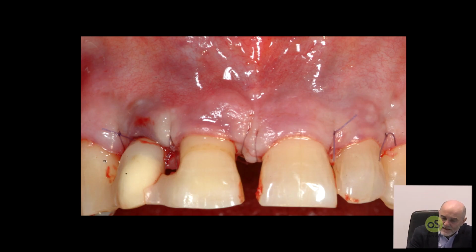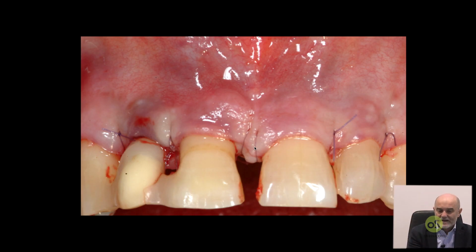So this papilla is closed exactly at the same level of the tip of the adjacent anatomic disepithelialized papilla because it belongs to the same flap, and this flap has been anchored at 1, 2, 3, 4 points.